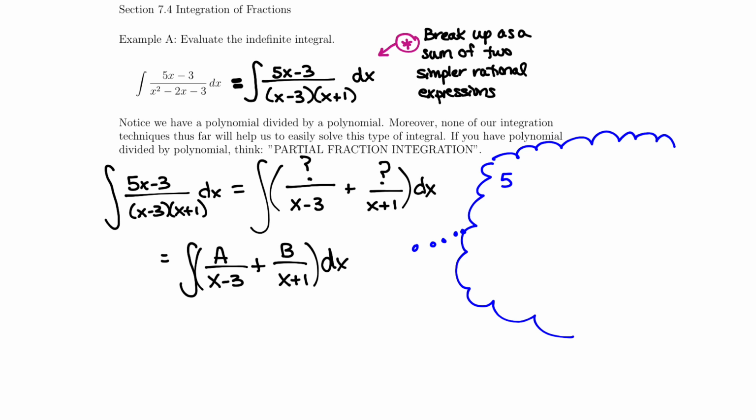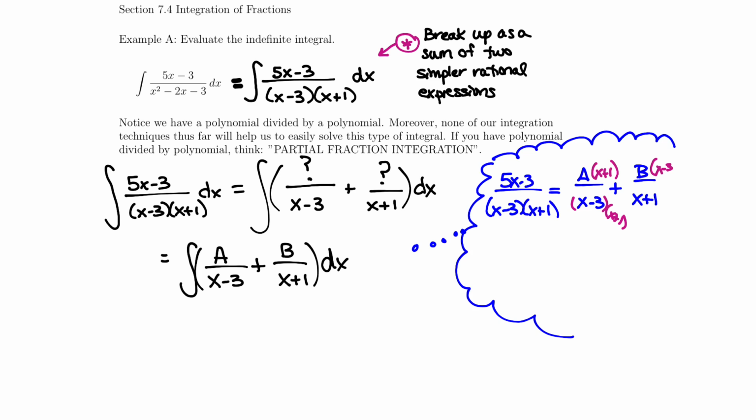So let's see. I have 5x minus 3 over x minus 3 times x plus 1, and I want it to equal A over x minus 3 plus B over x plus 1. I said we need a common denominator, right? So we're going to use a common denominator to put these two together. The first fraction is going to get multiplied by x plus 1.